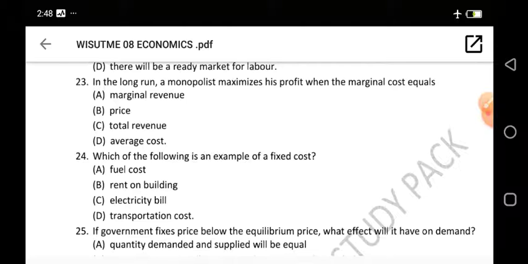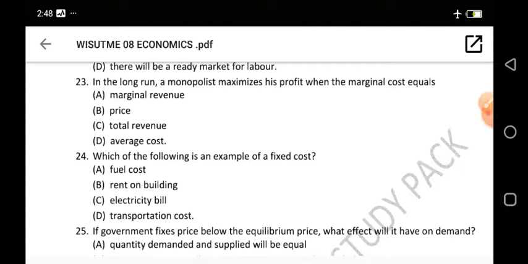Regardless of how many people are living in that building, the rent remains the same. Unlike fuel cost: if you are producing more or you put more load on the generator, it consumes more fuel. Depending on the appliances you're using at home, the power holding company will bring more bills. And transportation, depending on the volume of what you're carrying, will determine the cost you pay. But B still remains the same.